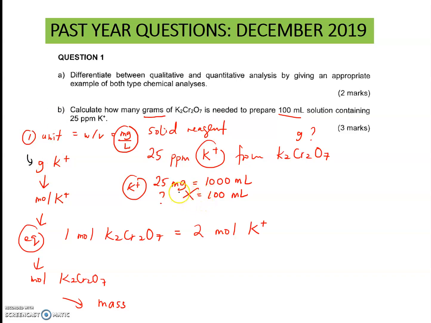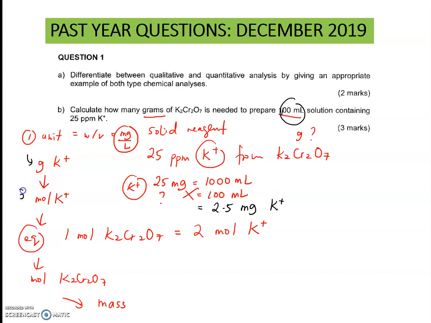So for milligram per liter, 25 ppm means 25 milligram in 1 liter or 1000 ml. If I want to prepare 100 ml, how many milligram of potassium ion? So we will get here 2.5 milligram potassium.